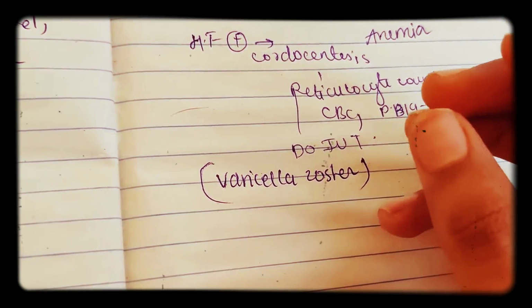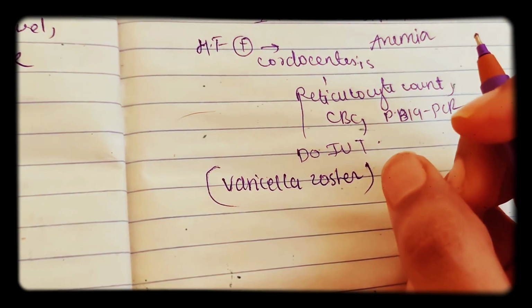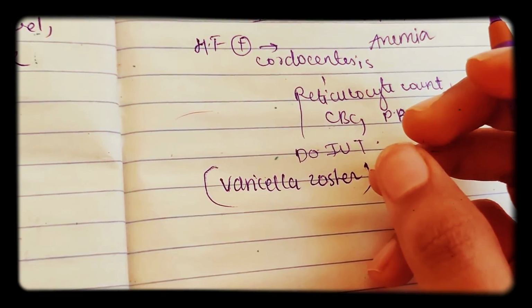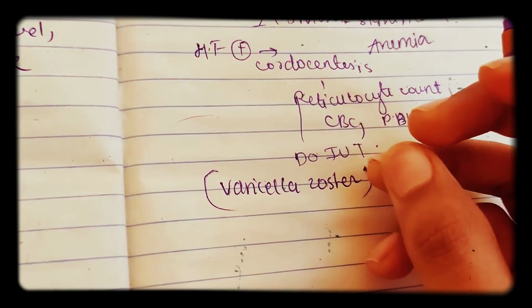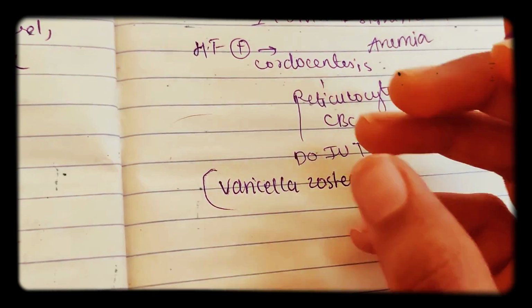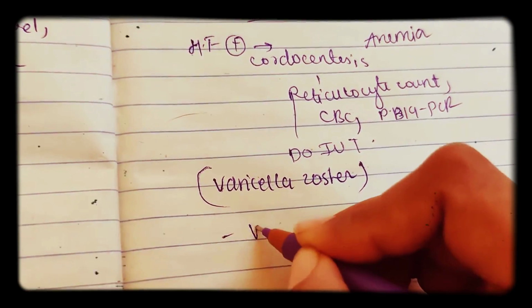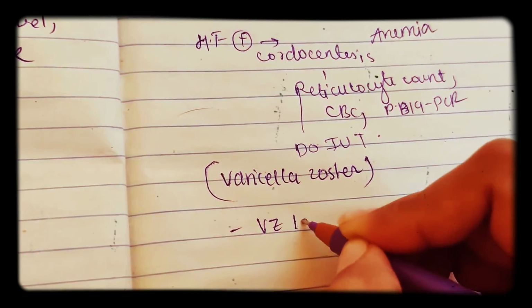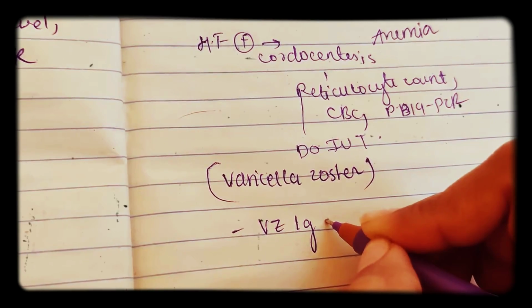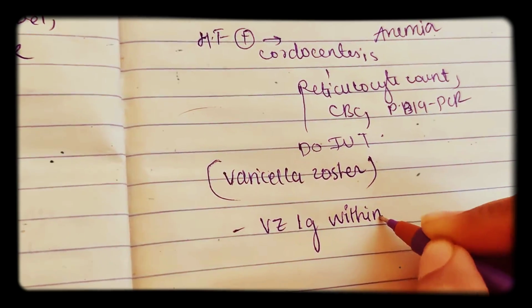Okay, if she previously had chickenpox, like in childhood, there is no need for varicella zoster immunoglobulin. But if she is not sure, or she may have forgotten, or if she doesn't have any past history of chickenpox, then immediately we need to give VZ immunoglobulin within 96 hours.